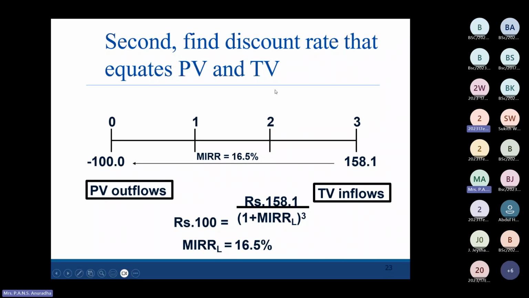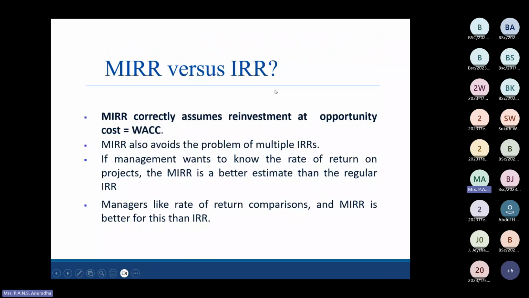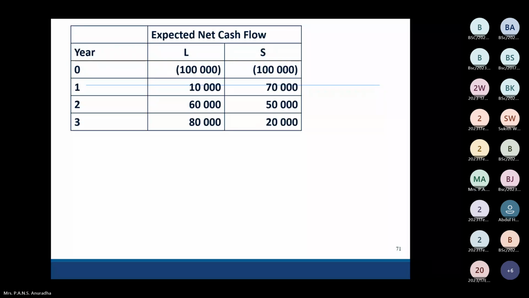Right, now calculate the MIRR for the project S quickly, for practicing it. So you have to calculate the terminal year cash flow. So 17,000 you have to get to the terminal year.